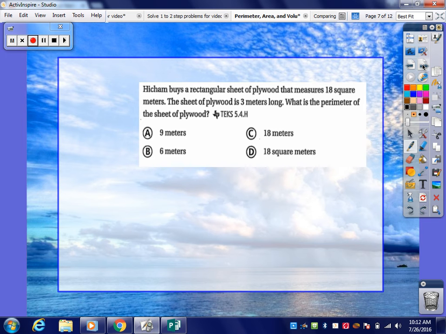What's one thing that's important to circle or box? We know that it's 18 square meters. And we know that it's 3 meters long. Good. And it asks us, what is the perimeter?